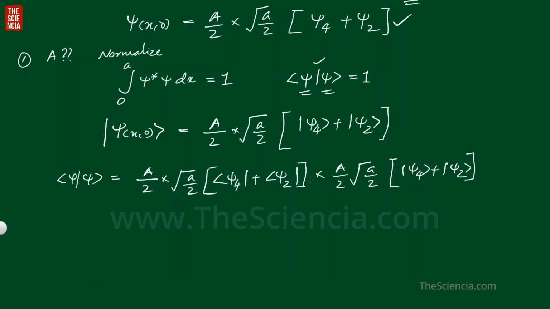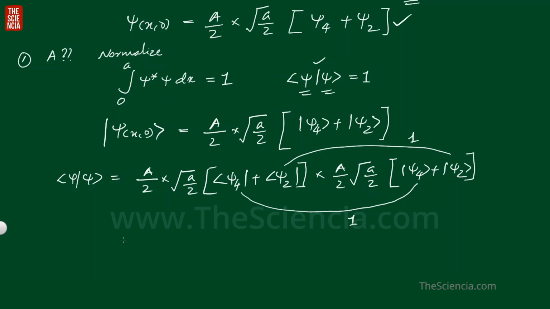Now we know how to multiply these terms, and we know bra psi 4 ket psi 4 will be equal to 1 and bra psi 2 into ket psi 2 will be equal to 1, and all other terms will be equal to 0 because of orthogonality conditions. Because every vector in quantum mechanics is orthonormal.